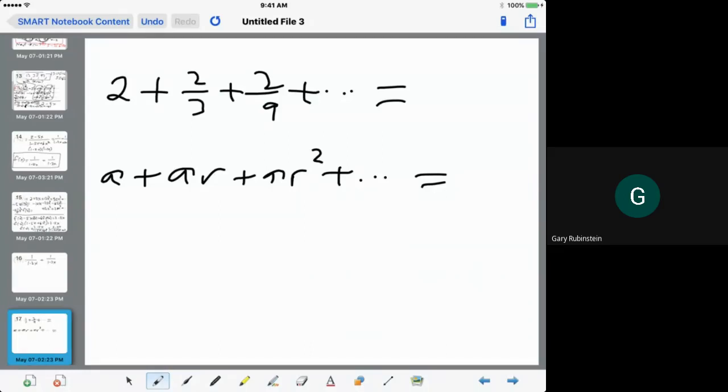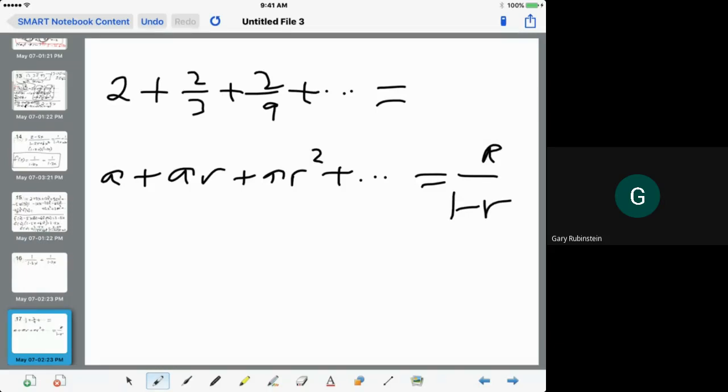And maybe specifically, what's the answer for 2 plus 2/3 plus 2/9? It's one of the shortest and greatest formulas in all of math. A plus AR plus AR squared. It is, Umer, A over 1 minus R.